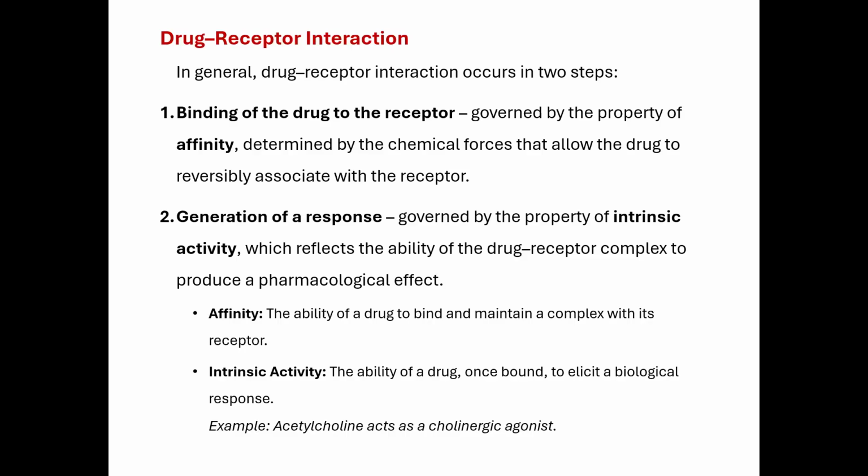That takes us to drugs which we call agonists. Because an agonist binds to a receptor, we always say that it has affinity. However, because there is a response that comes after an agonist has bound to a receptor, we say an agonist has an intrinsic activity. So an agonist has both affinity and intrinsic activity.